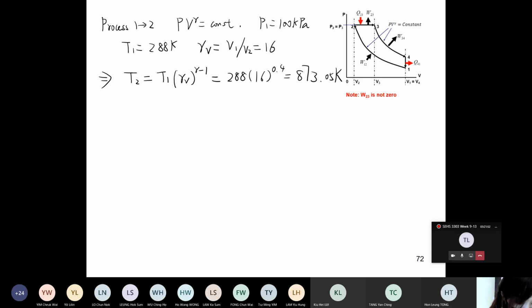Always remember to use K, absolute temperature. Now we can calculate the P2, the pressure at point 2, by using the pressure to volume ratio. That should be right for this. kPa. Okay.